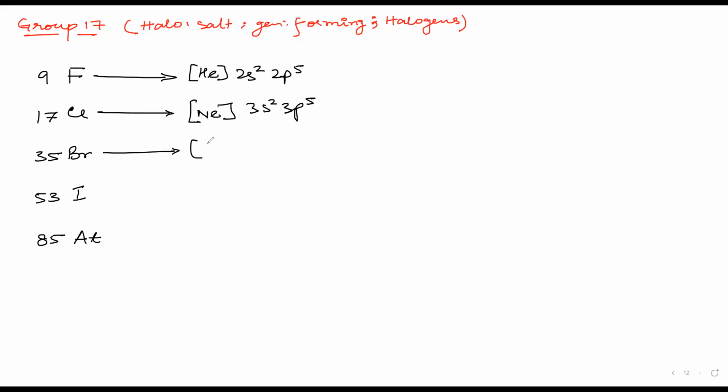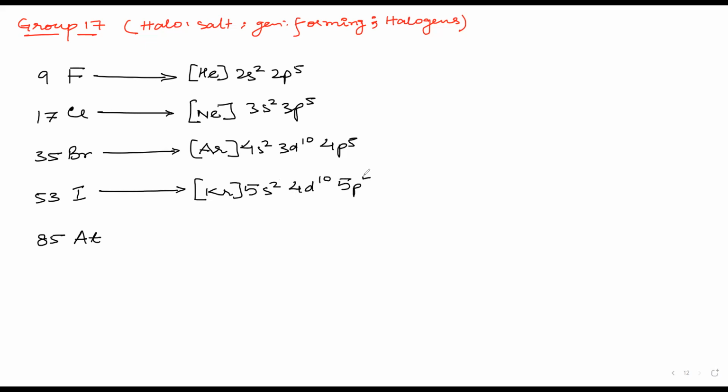Then comes bromine, and here it will be argon, 4s2, 3d10, and 4p5. Then comes iodine. Here it will be krypton, 5s2, 4d10, and 5p5.